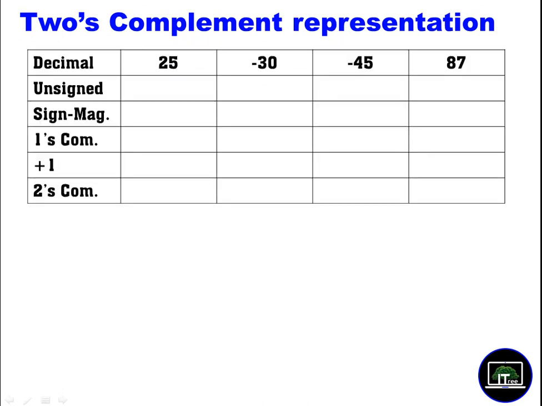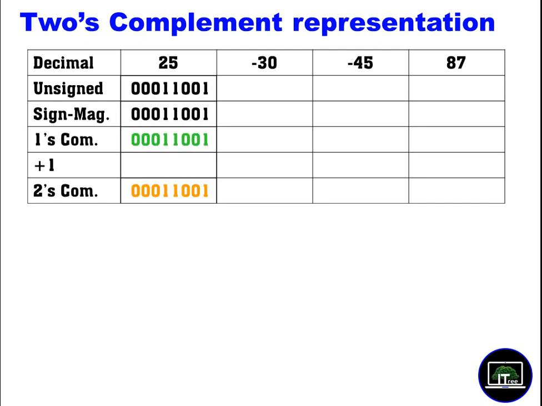Okay, now we see how we can convert numbers into 2's complement. Notice that we are converting only negative numbers into 2's complement. Positive numbers will be represented as they are. No changes are required for the positive numbers. Plus 25. Minus 30. You can convert it.